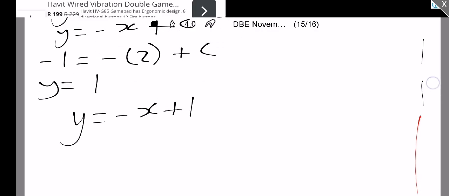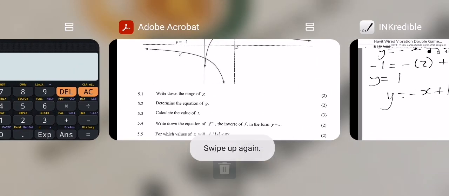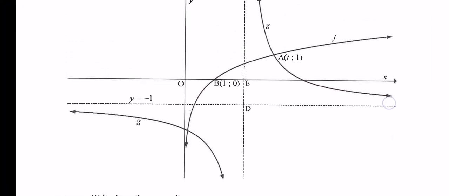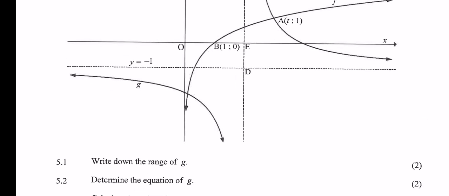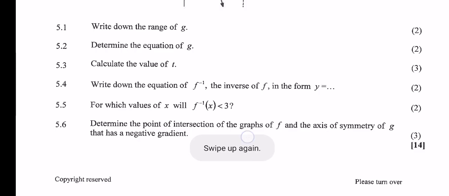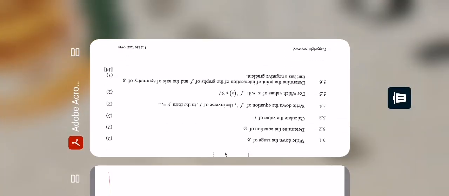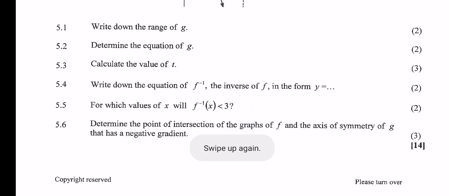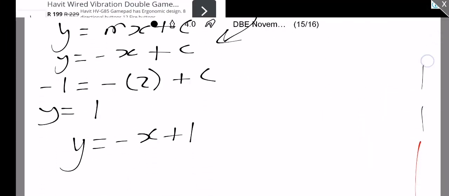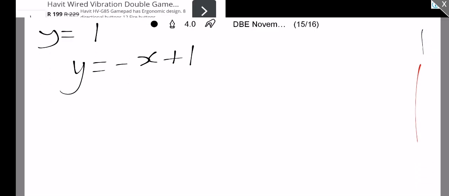Now take note of that. Let's determine the x-intercept.